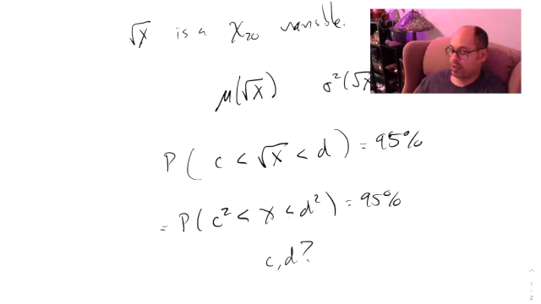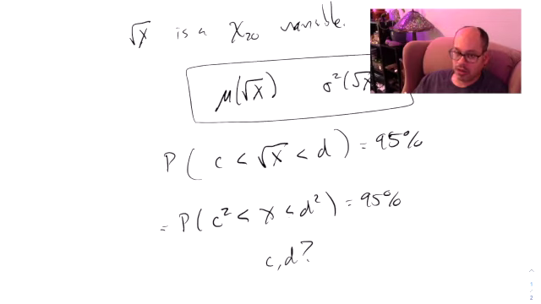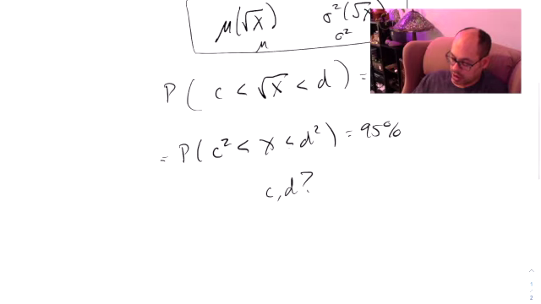Well, all we need to know is these things, and then we're home free. So let me, just for the moment, call this thing mu and this thing sigma squared. You can see that if root x is normal, then, let's call this some variable y.